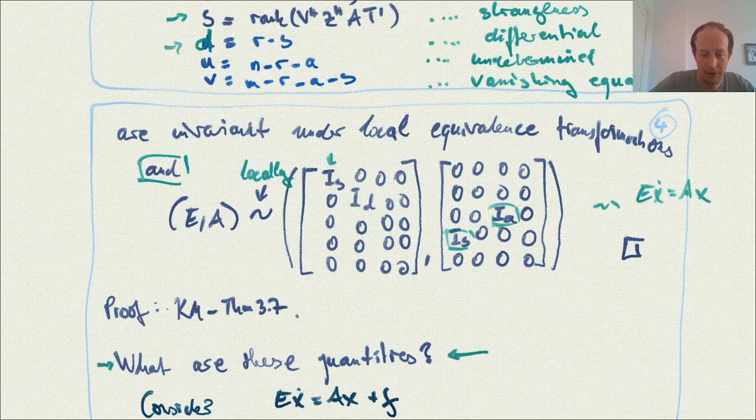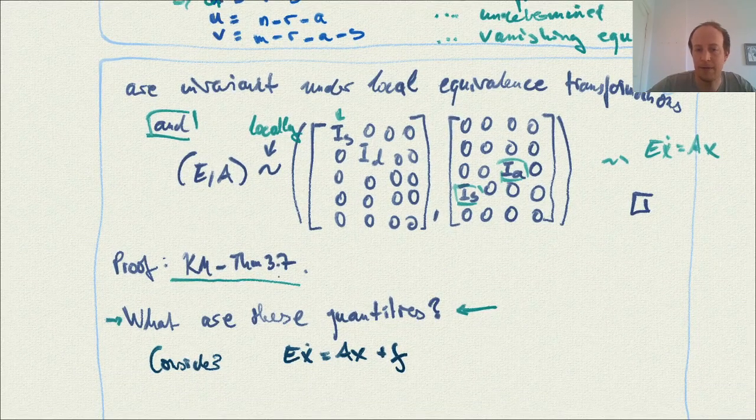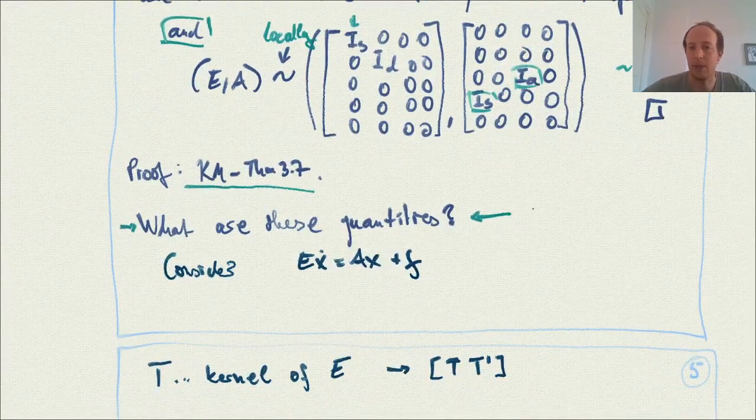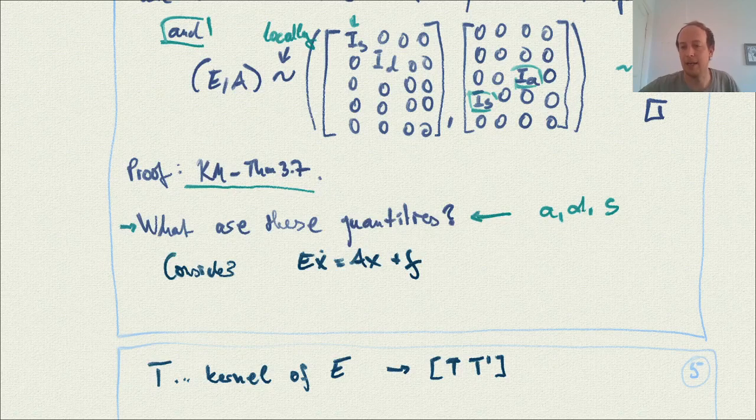The proof is very technical, and you can find this in the book by Kunkel and Mehrmann, theorem 3.7. But I want to rather talk about what these quantities are: basically A, D, and S, R not so important. So algebraic, differential, and strange parts.